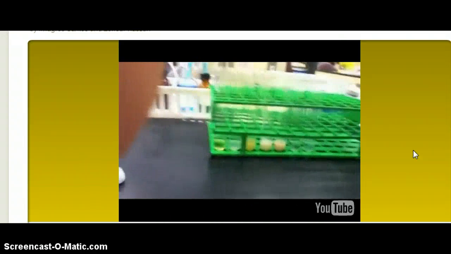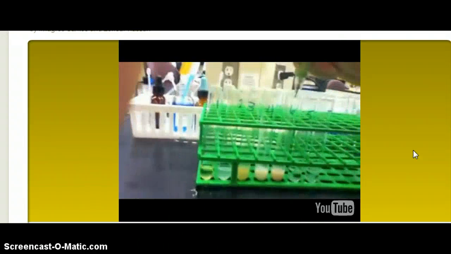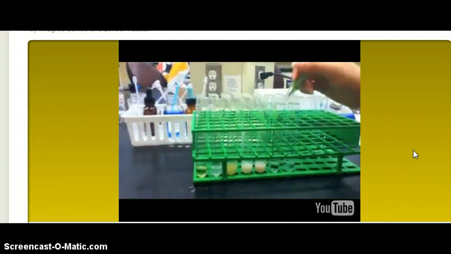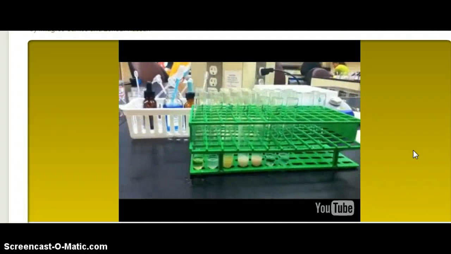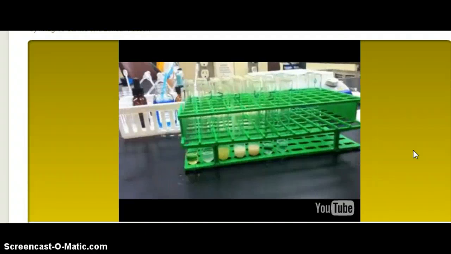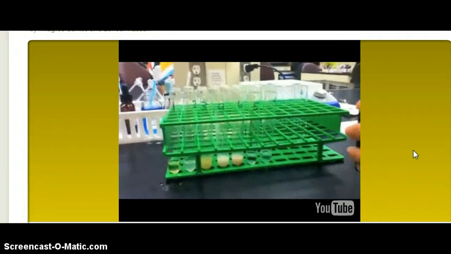We have different solutions. We have 1, 2, 3, 4, and 6 as unknown solutions. Number 5 is H2O, and number 7 would be the starch. 5 is the negative control, and 7 is our positive control.